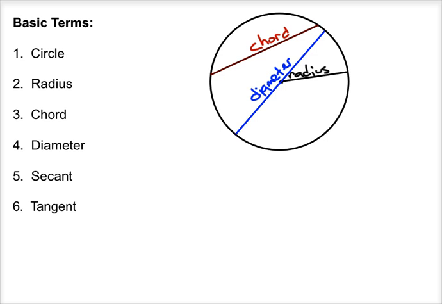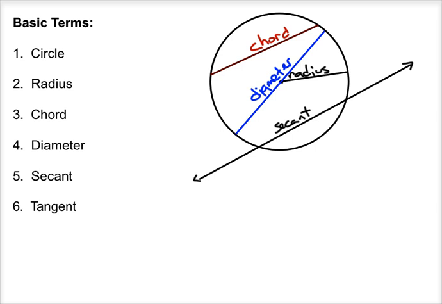Number 5 is secant. A secant is just a line that contains a chord. So if you think of a chord as being a segment where the endpoints are on the circle, imagine if you just extended it farther, you end up with a secant. And the last one, 6, a tangent.